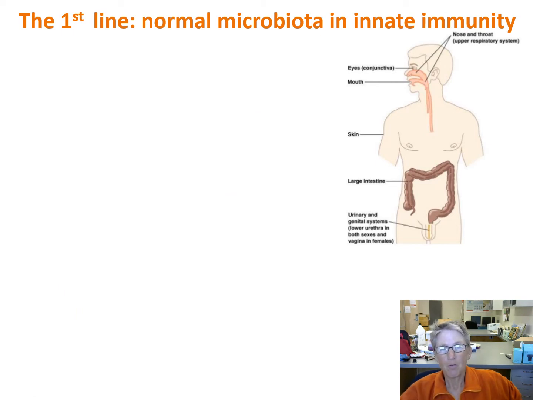All right, more on the first line, normal microbiota in the innate immunity. So here's a cartoon, shows the nose and throat of the upper respiratory system. Here's the eyes, the conjunctiva, the skin, the large intestine, the urinary and genital system, and the vagina in females.